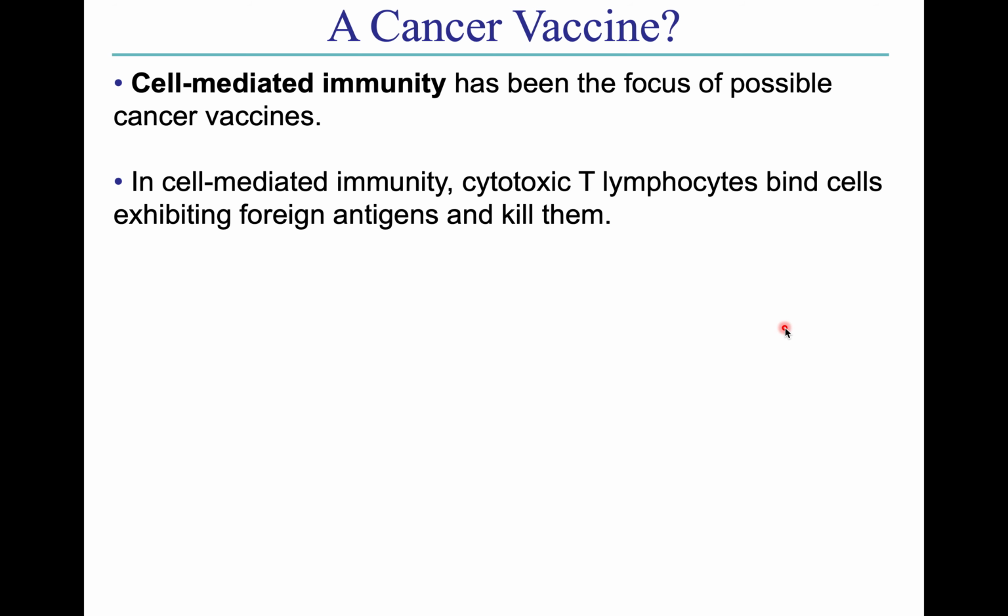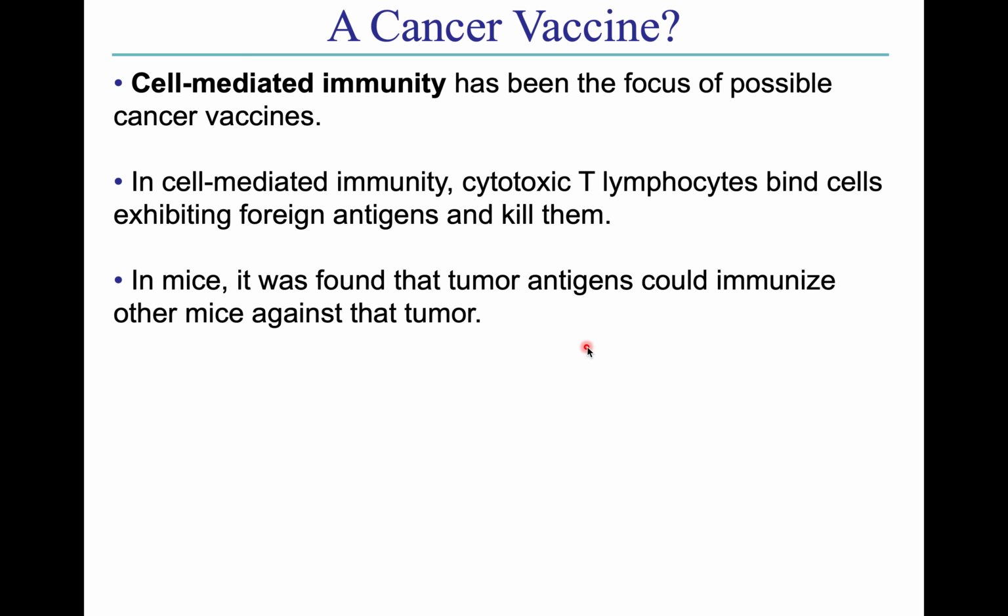So this whole idea of being able to trigger immunity has brought up the idea of a cancer vaccine. Would it be possible to basically prime the immune system to identify a cancer, or ideally multiple cancers, ahead of time? And there have been some experiments in mice that suggest this could actually work. Primarily this is taking advantage of killer T cells, cytotoxic T lymphocytes, which are a type of immune cell that can bind to cells showing some foreign antigen and kill those cells.